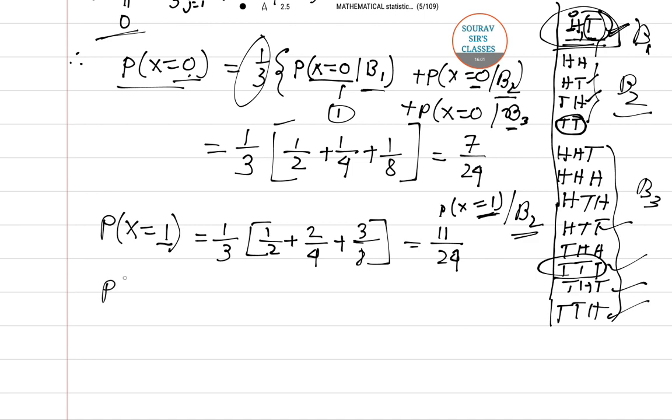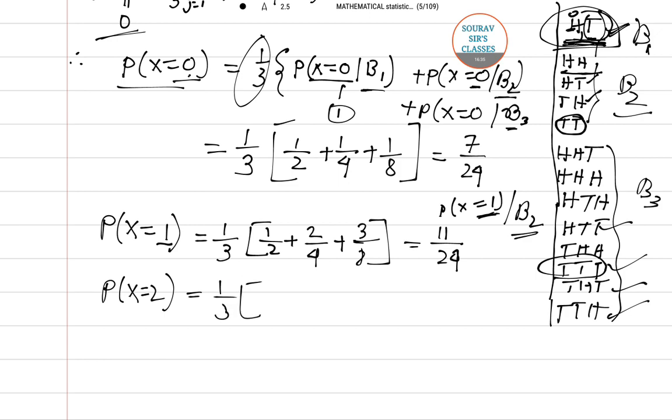Similarly, if you do x equals to 2, that is when the occurrence of head is equal to 2. In this case, when head occurrence is 2 times, there is only one time when the occurrence of head is happening, so we'll write it as 1 by 3.